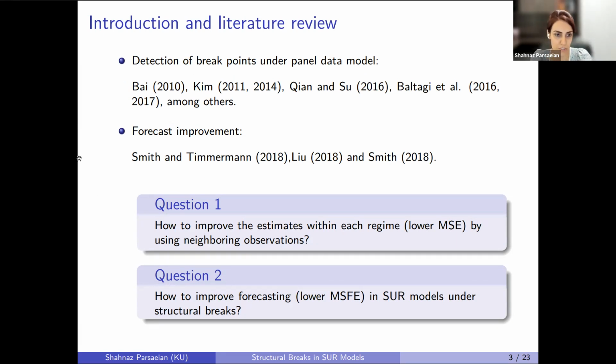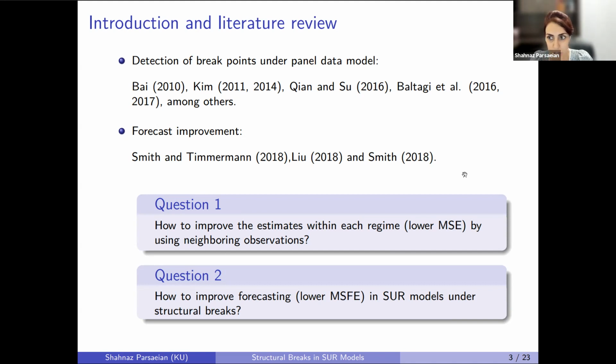The second stream is related to forecast improvement: given that we know there is a break, how can we have a better forecast? These are the papers related to forecast improvement, and all of them are in a Bayesian framework.